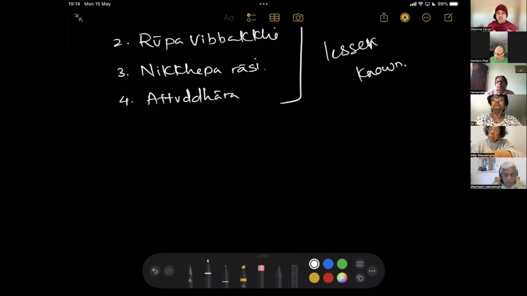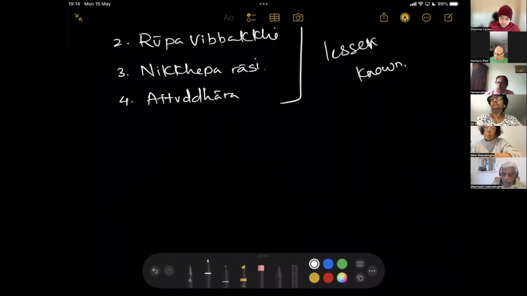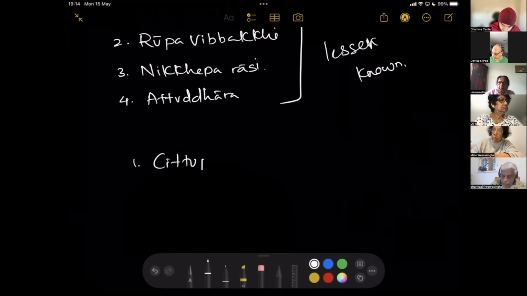I'm going to tell you both so that you won't get confused along the way should the lesser known word come to be highlighted. So Chitta Vibhakti is also known as Chittupada Kanda.